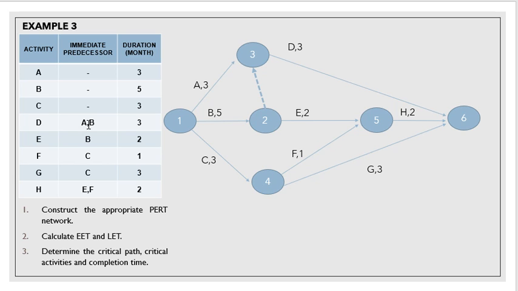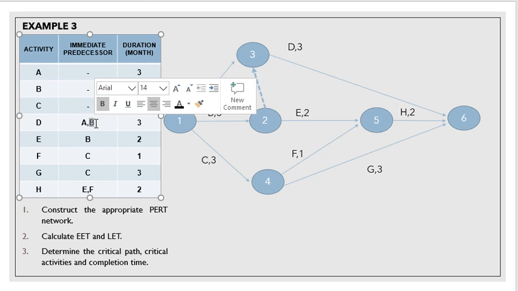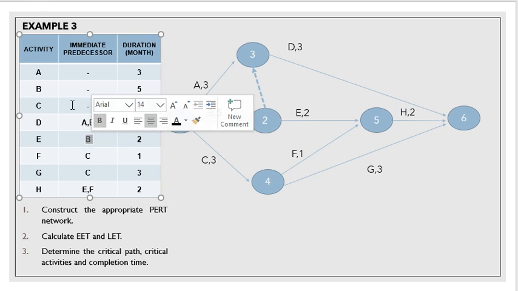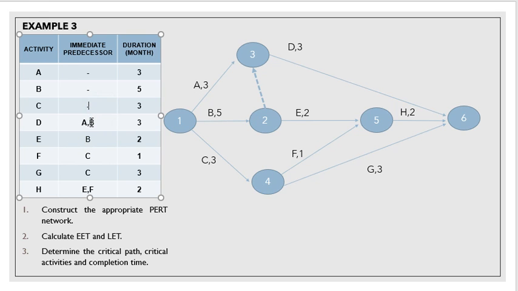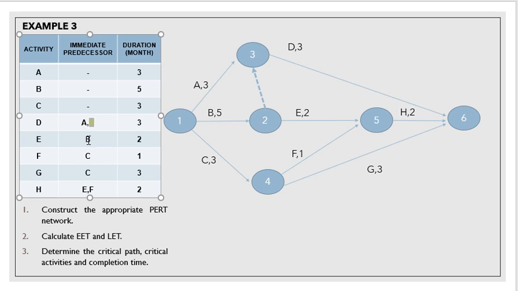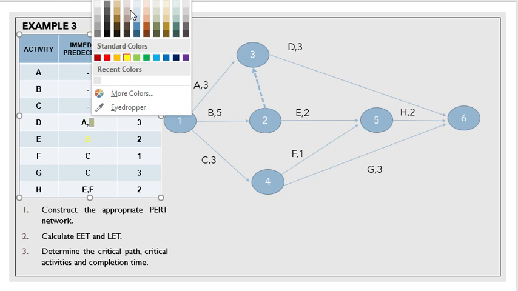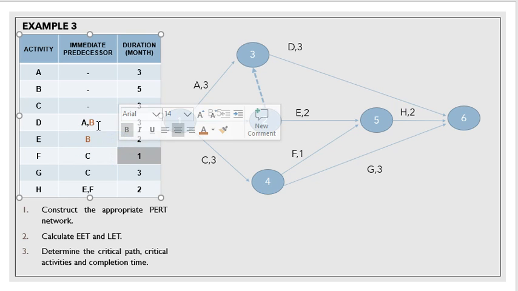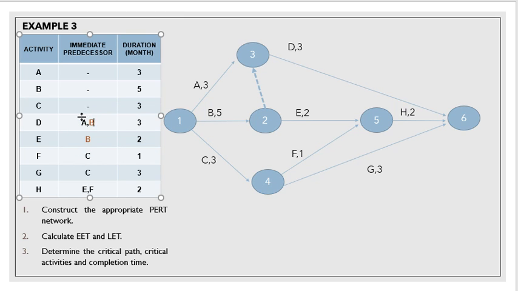Let's say here we have B, and the next activity also comes from B. So this is the clue for you to identify if there's a dummy activity in the task. This is the clue. Okay, this is a dummy activity.